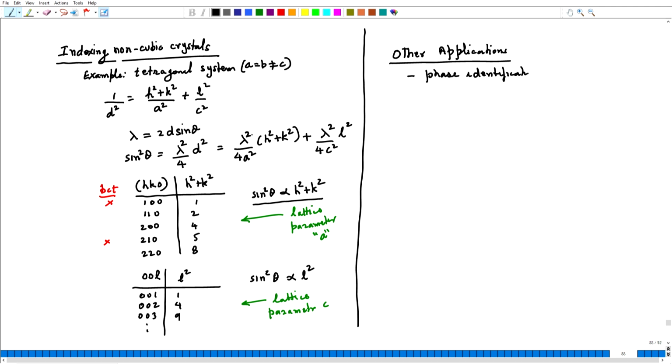If more than one phase is present, so more than one type of crystal structure is present, one should be able to identify those crystal structures, because then you will get peaks which are mixed from multiple phases.